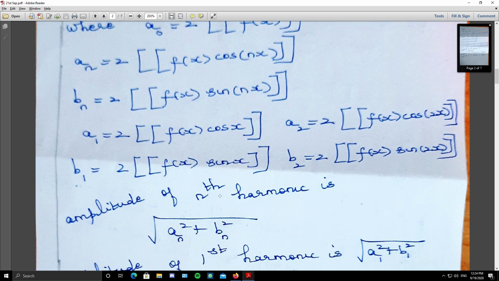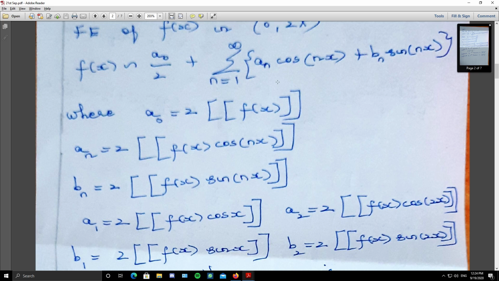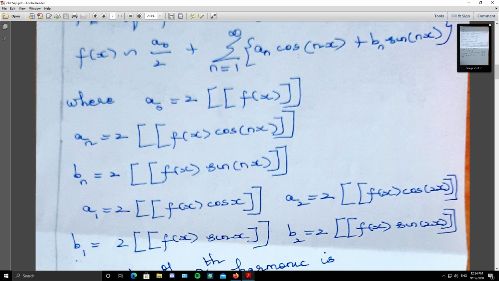The amplitude of the nth harmonic is defined as the square root of an square plus bn square, the square root of the coefficient of cos squared plus the coefficient of sin squared. You can even consider it in complex form.